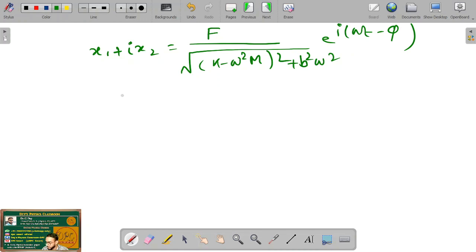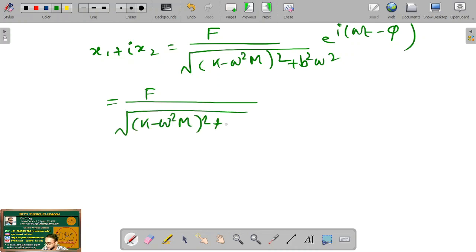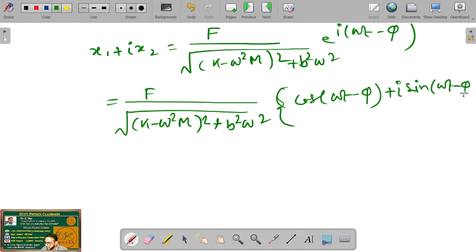So we get F divided by this term, root under (k minus omega square m) whole square plus b square omega square, into, in bracket, cos(omega t minus phi) plus i sin(omega t minus phi).